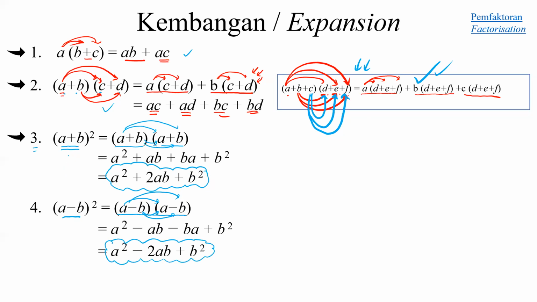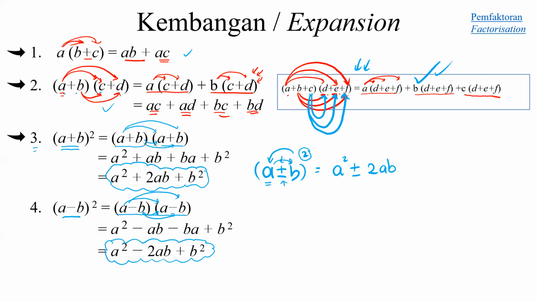By the way, I can combine these two into one formula, a plus b or a minus b. The moment I square it, the first term is squared, and then the second term will be plus if this is plus, and minus if this is minus. Minus what? 2 times a times b. So we have 2ab.